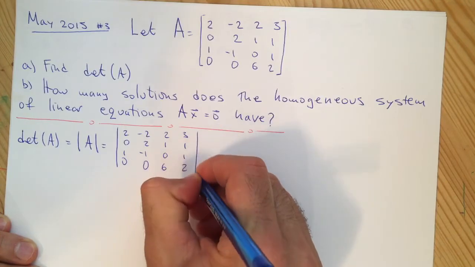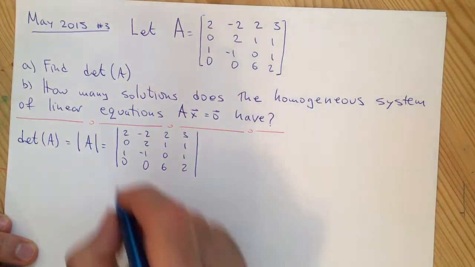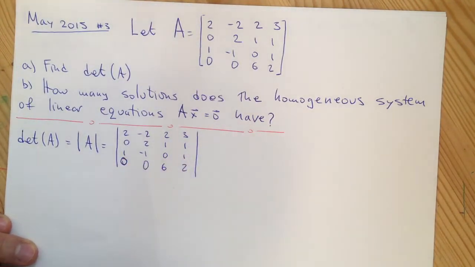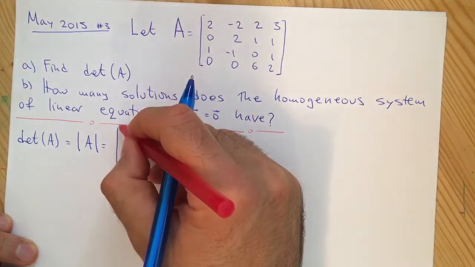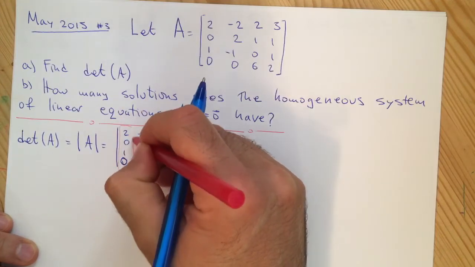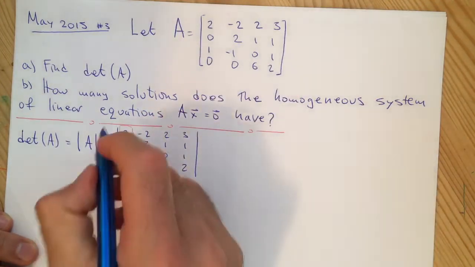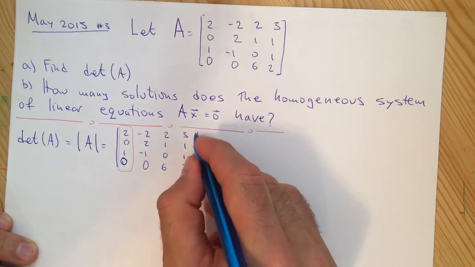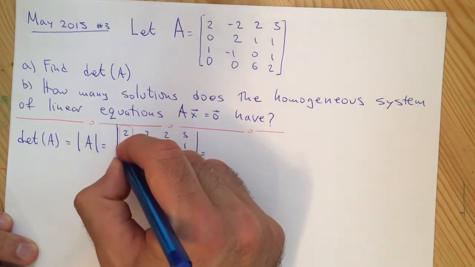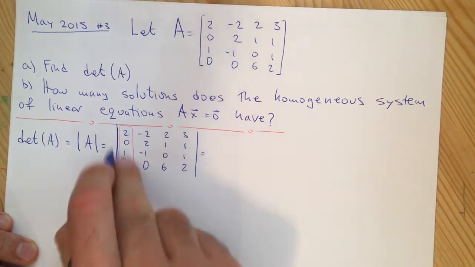Okay, so it is your choice in deciding what row or column you are going to choose in order to do this cofactor expansion. So one choice is to take column 1. So first of all, this is equal to, so the determinant, be careful, this notation means we're looking for the determinant of this matrix.